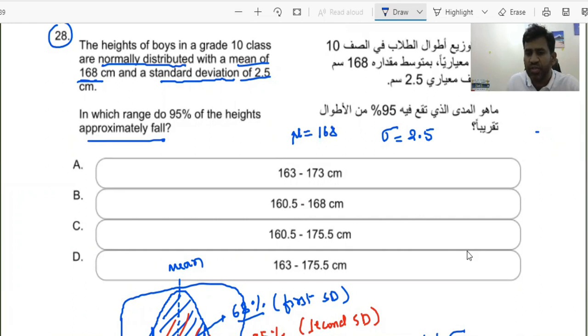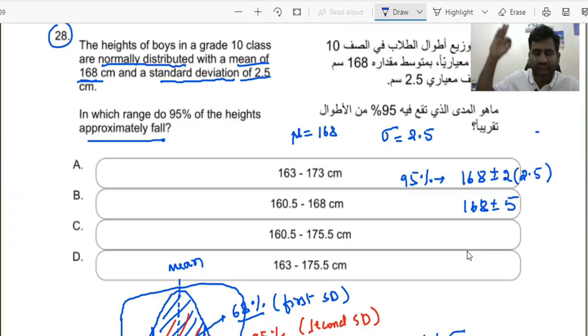Now just substitute the standard deviation for that 95% range. We know it is 168, that is mu, plus or minus 2 times the standard deviation 2.5, isn't it? So that's 168 plus or minus 2 times 2.5, which gives you 5. So you have to add 5 to the 168, and that gives you your higher range.